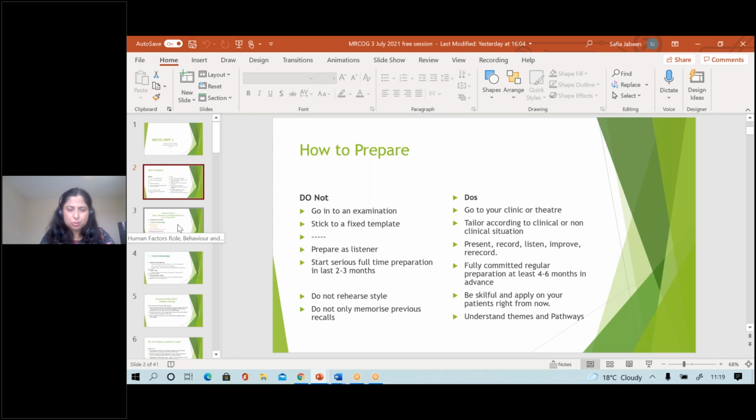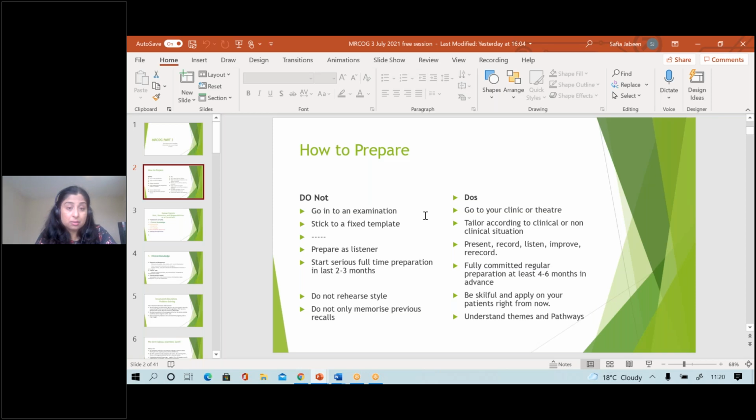Active participation. The trick to pass this exam is that you must actually speak yourself. So in all the courses and the practice you're doing, please be active members. Being a listener is really not quite helpful, because when you're listening, in your head it feels like, yes, I know I'm going to say it this way. But when it comes to pronouncing that and bringing it out and performing within 10 minutes, it simply doesn't happen.